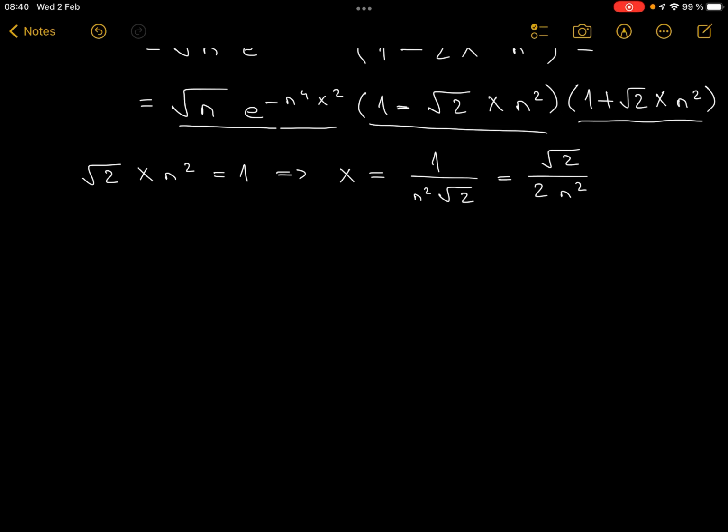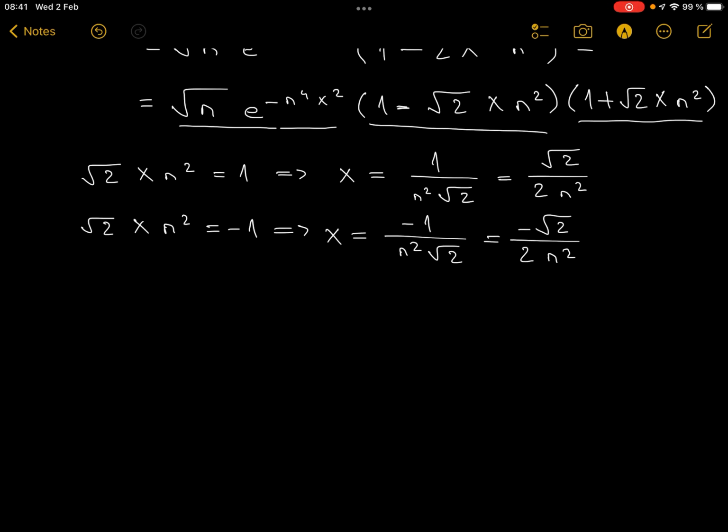And from the second one, we get that the square root of 2 times x n squared is equal to negative 1, from where it follows that x is equal to negative 1 over n squared times the square root of 2, which is equal to negative square root of 2 over 2n squared.